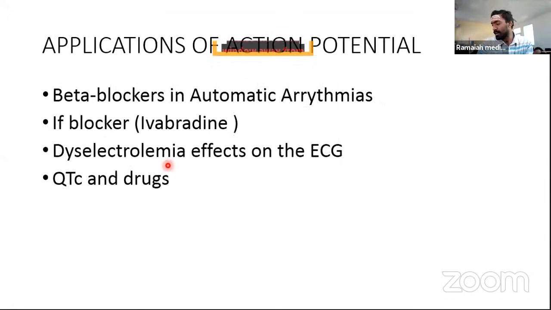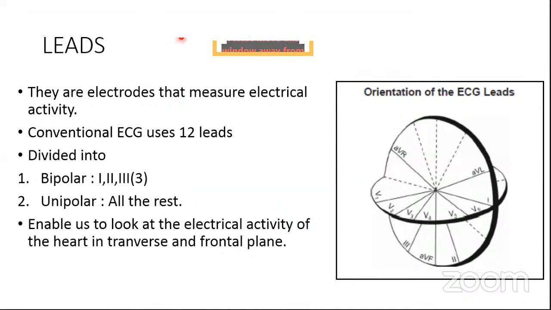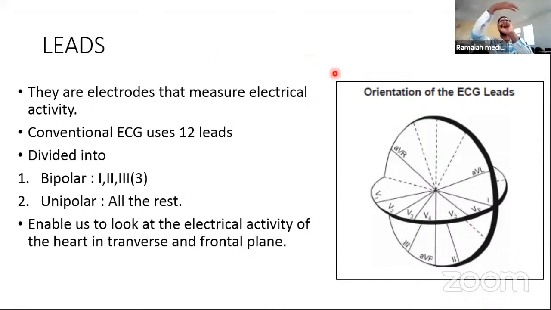So with this basic understanding of the ECG and the electrical activity, we'll enter into what leads are. Leads are electrodes that determine the direction of flow of current. So if this is my heart, I have to see the heart in an entire 360 degrees.